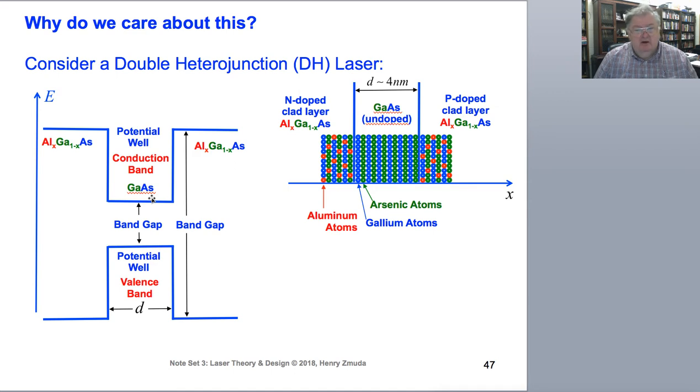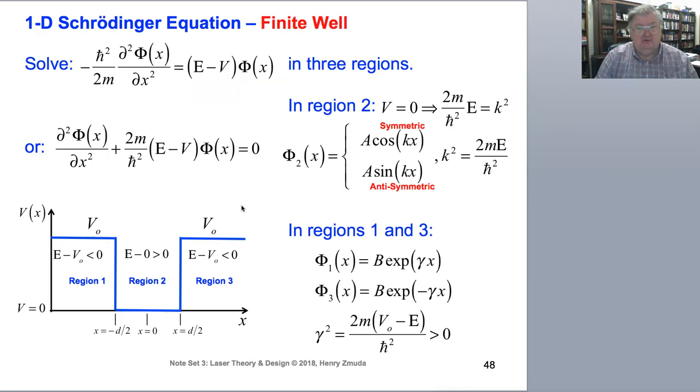So part of the design of making a good laser is ensuring that particles are well trapped inside this well, which means that the well has to be deep enough. And so we're going to need to look at that, but that also means that we have to solve the case of Schrodinger's equation for a finite potential well as opposed to the infinite potential well that we just looked at. And that was where pretty much we left off.